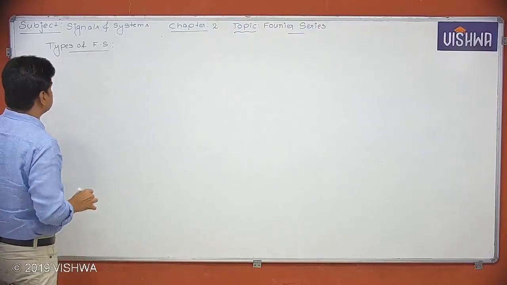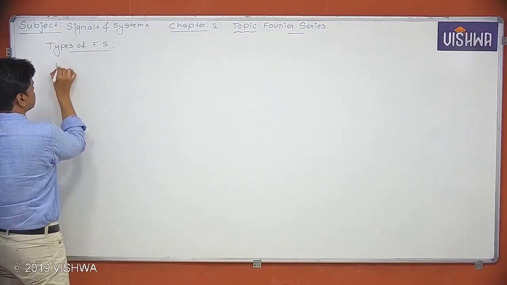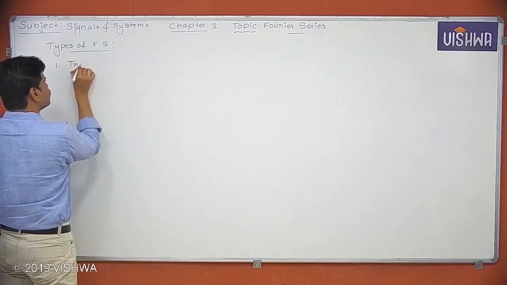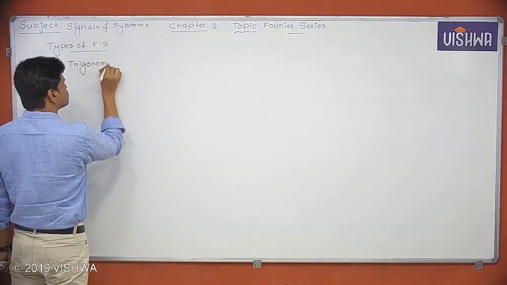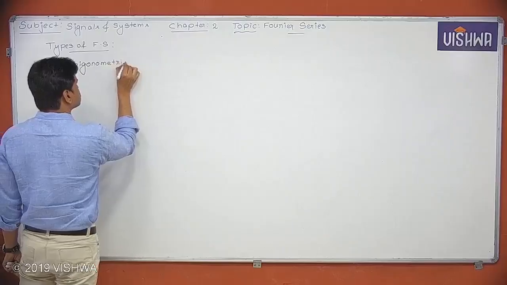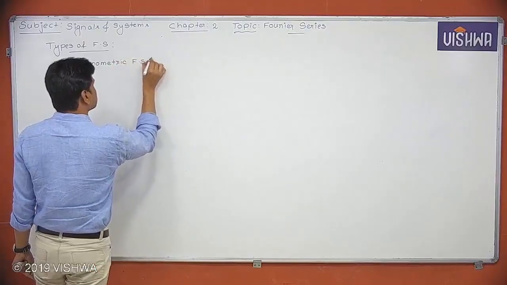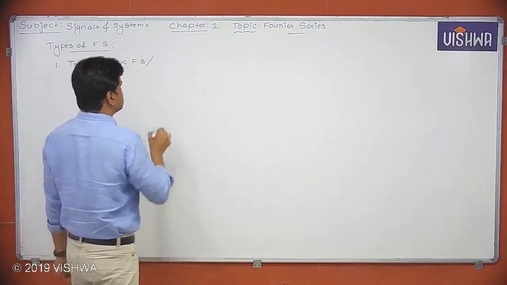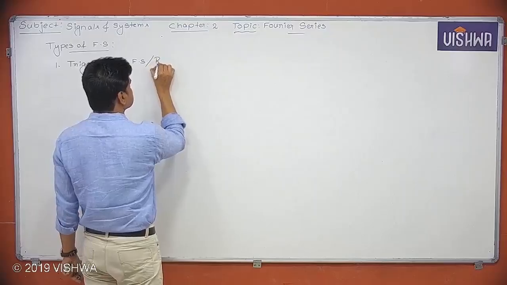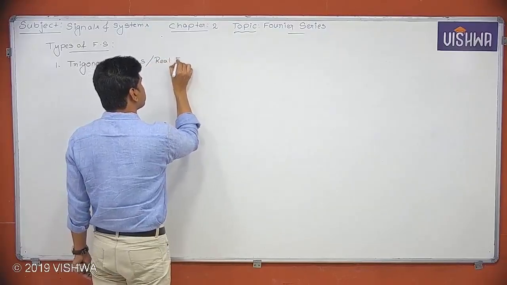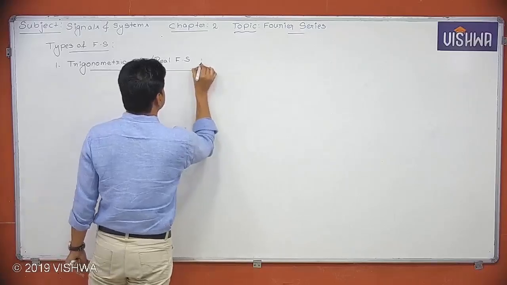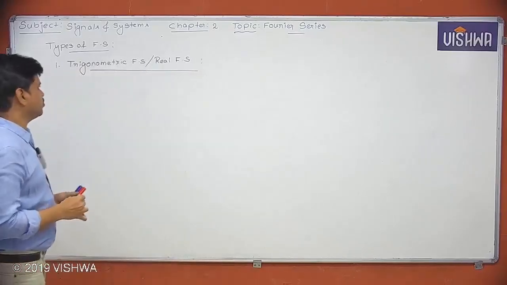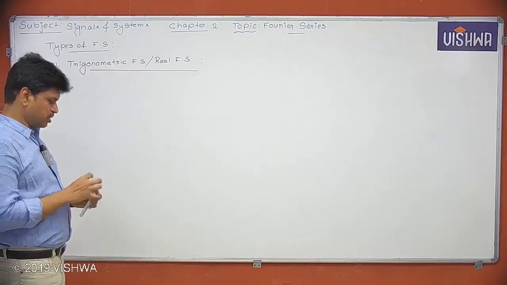The first one is the trigonometric Fourier series, or we can write it as the real Fourier series.